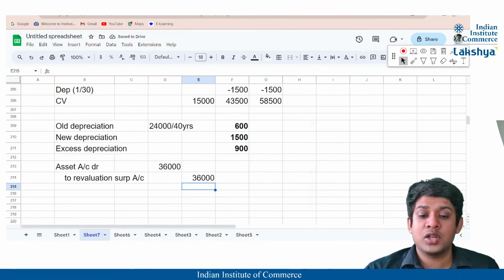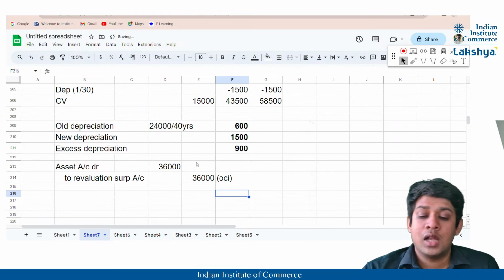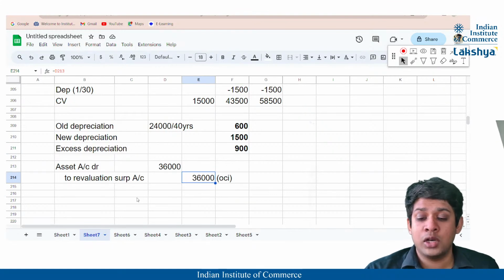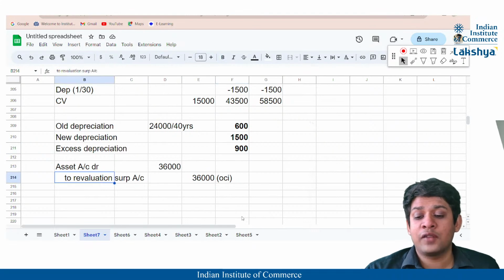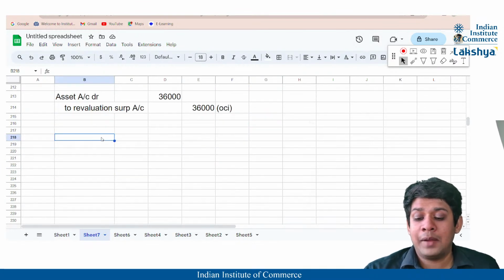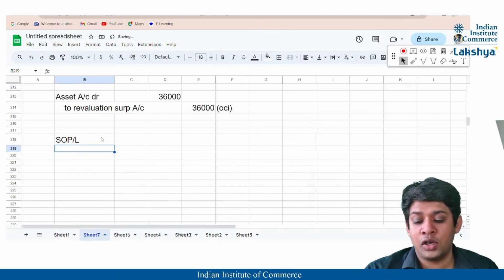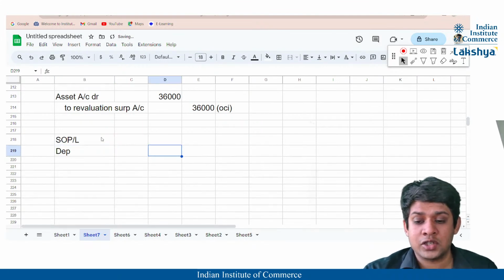Now, this is my revaluation surplus, guys, and this is stored in OCI. Right? I am charging excess depreciation solely because my asset got revalued and the revaluation surplus is stored in OCI. So that means excess depreciation I shall deduct from my revaluation surplus, correct? Right? It's not like the whole thing will be stated. When I prepare the statement of profit or loss, I will charge the depreciation, correct?